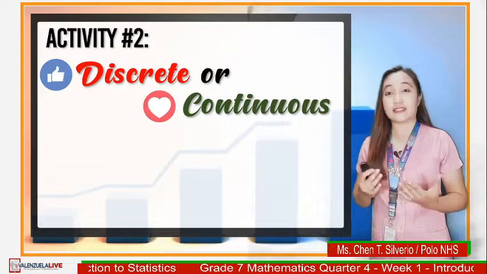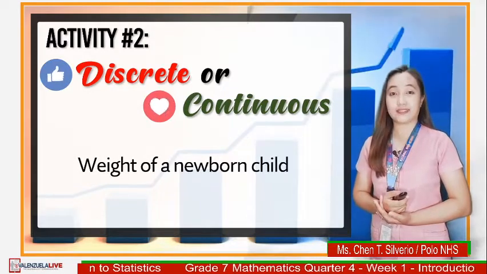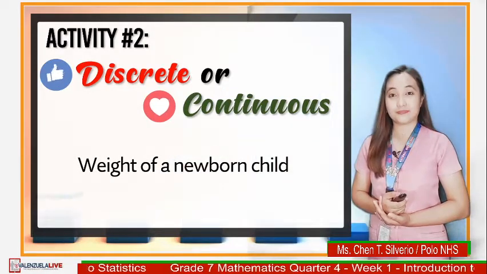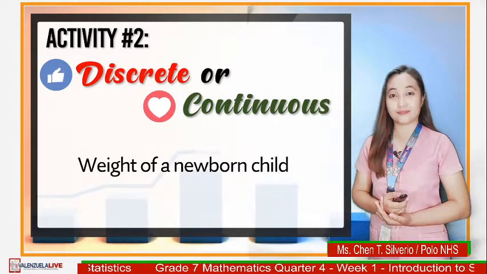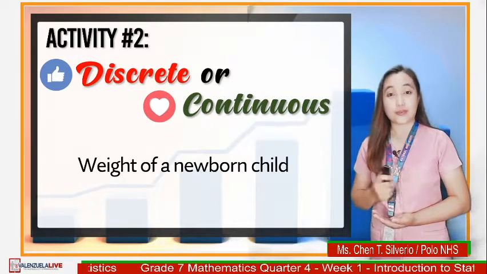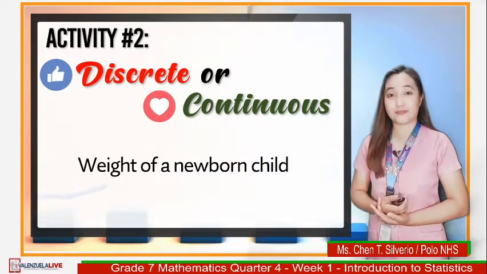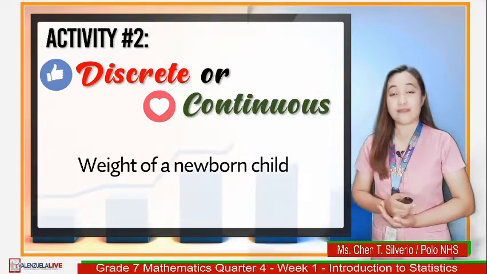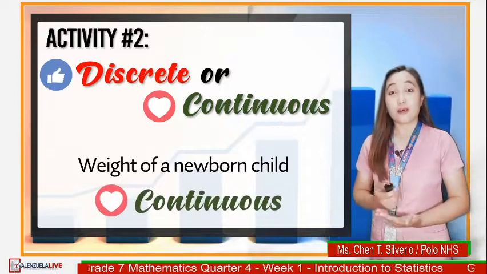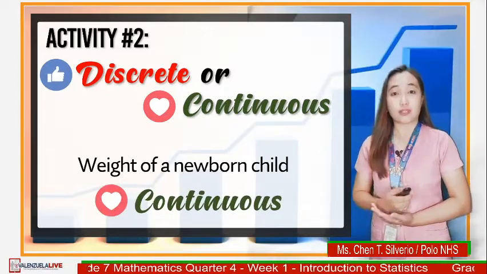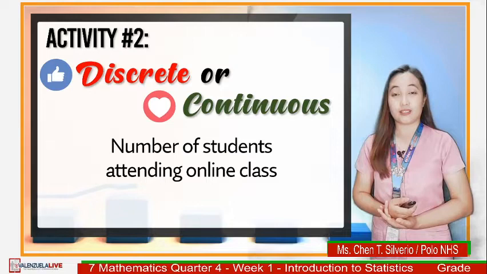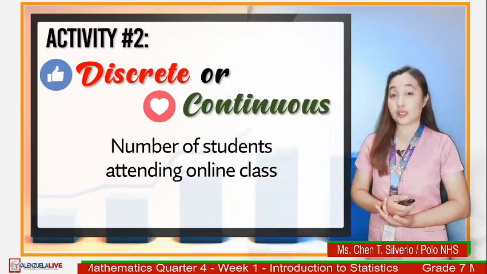Is it discrete or continuous? Very good. This is an example of a continuous data. Next item, the total number of patients infected with COVID-19. Is it discrete or continuous?